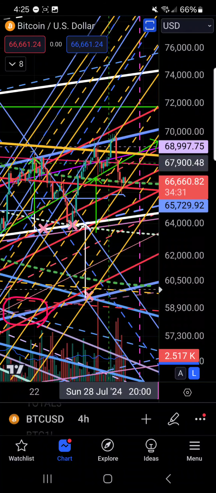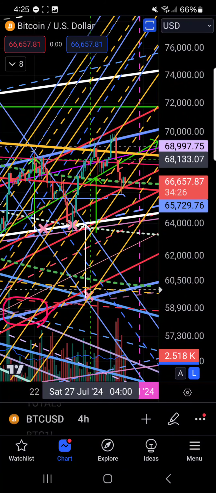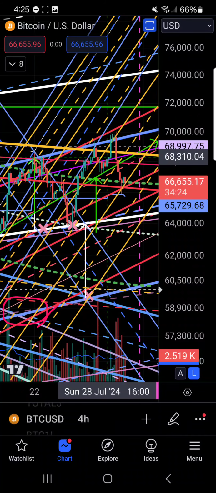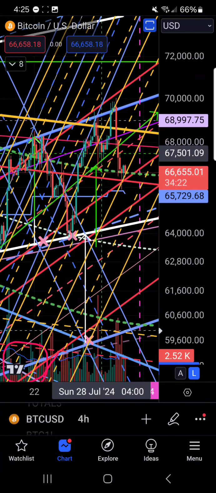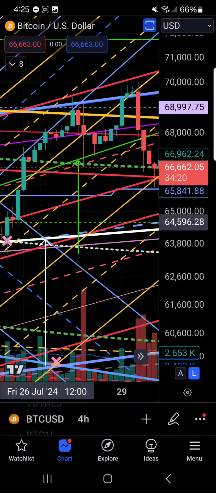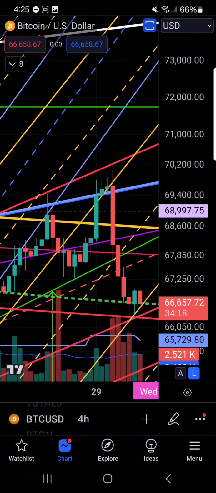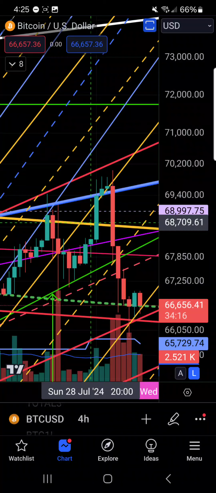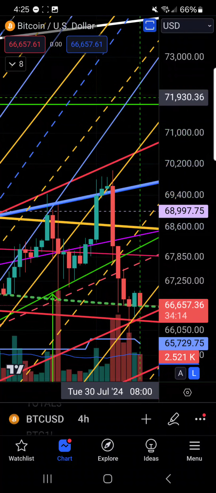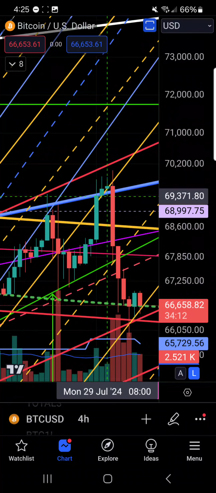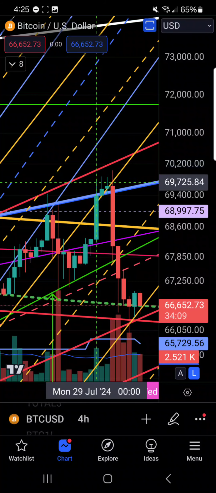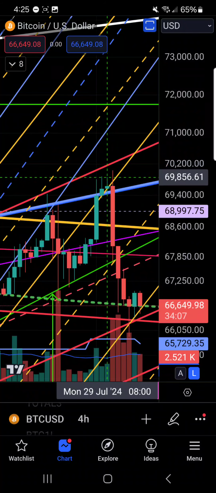And here, see, this was the real scary part because we did break out of this orange channel. And I was really kind of getting nervous that I might be missing out on this big explosion. But I knew we had these other tops of these channels above us.